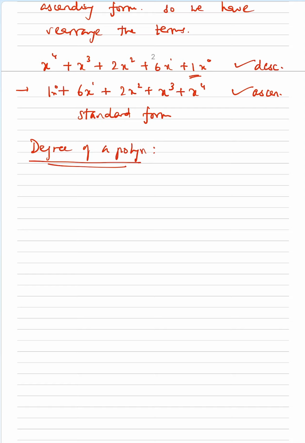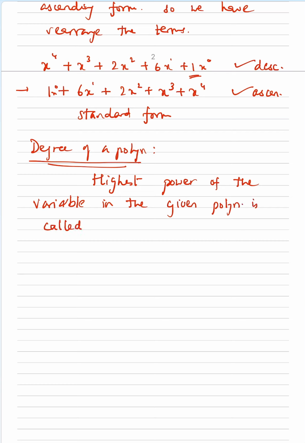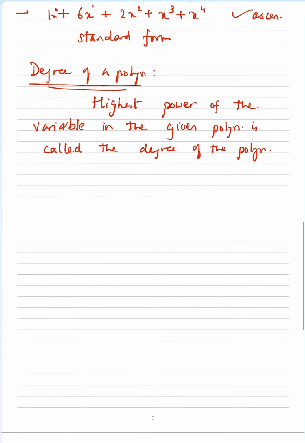You know that the highest power of the variable in the given polynomial is called the degree of the polynomial. Okay, this is the degree of the polynomial.